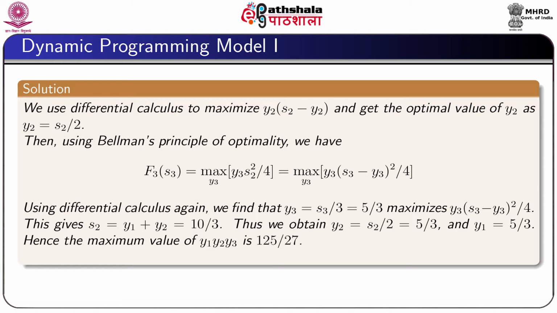Thus, we obtain Y2 equal to S2 by 2, which is equal to 5 by 3, and Y1 equal to 5 by 3. Hence, we find the maximum value of Y1, Y2, Y3. Putting the values of Y1, Y2, Y3, we get it as 125 by 27.